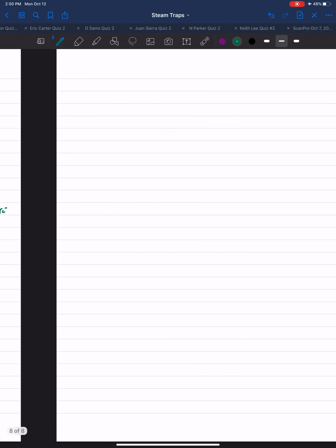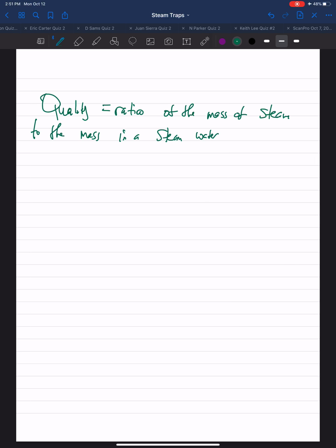So let's find some more terms that we use in our study of steam. Quality is the ratio of the mass of steam to the mass of a steam water mixture.